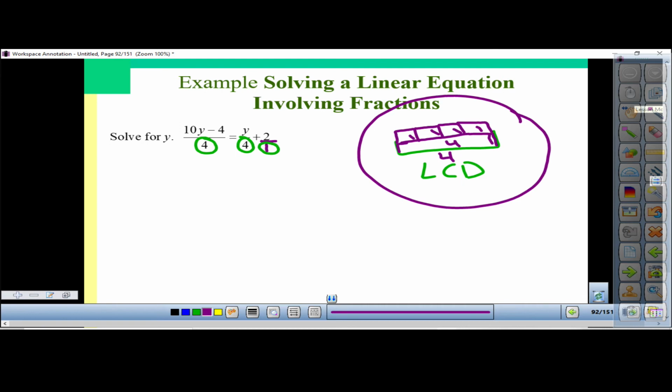Remember, you're trying to find one that has the capacity to hold them perfectly, lined up perfectly with no leftover. I don't want to see any halves dangling here or 1/3 spilling out here. I just want perfect numbers. So what do you think is a least common denominator between the 3 and the 4 and the 2? Which one do you think I'm going to pick?